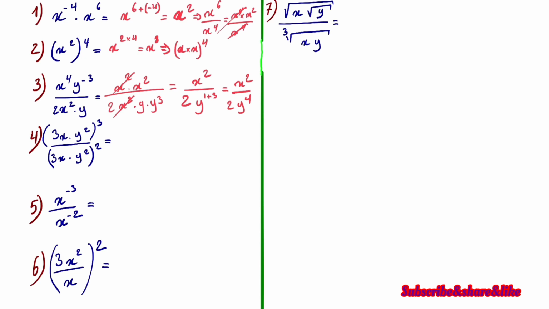The last one, the fourth one, we have 3x times y squared, everything to the third power, over 3x times y squared, everything to the second power.